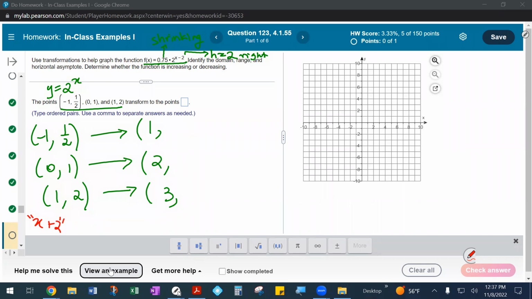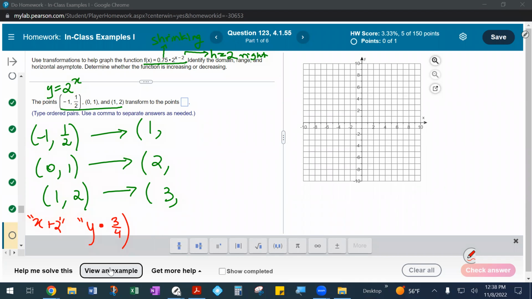All right. The shrinking, the 0.75 shrink, x or y? Or both? Y. The shrinking happens on the y value. So that means you're taking each of the y values and you are going to multiply the y values. Since they left the 1/2 as a fraction, I'd probably say they want fraction answers and not decimal. So if it helps, rewrite that 0.75 as a fraction, which will be what? Very nice. Multiply by 3/4.